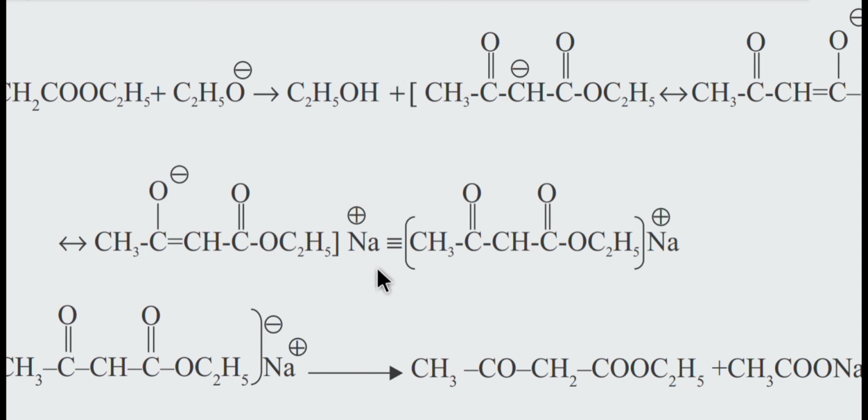So this negative charge can be stabilized by another compound, that is sodium, when we use sodium, or any base or any metal. This compound has one negative charge, while sodium has one plus charge. So the compound will be stabilized and a salt will be produced, a neutral salt.